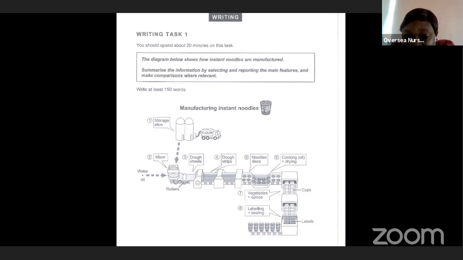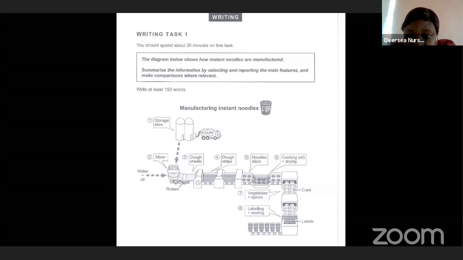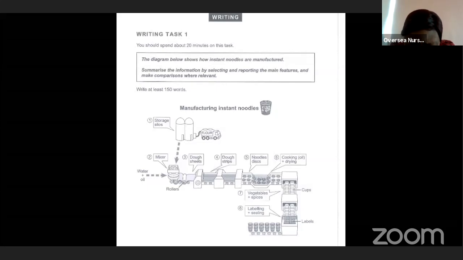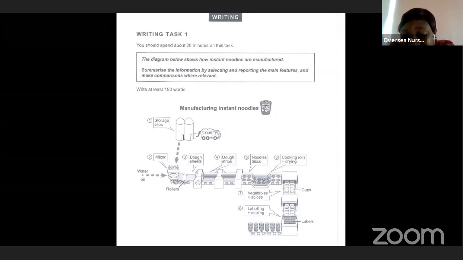Followed by, then next to it is where this product is put into cups and then vegetables and spices are added into it. And then it is packaged with the labeling and seals put on it and made ready. That's the last stage, Abby. And then the pasta is ready, or your noodles are ready.